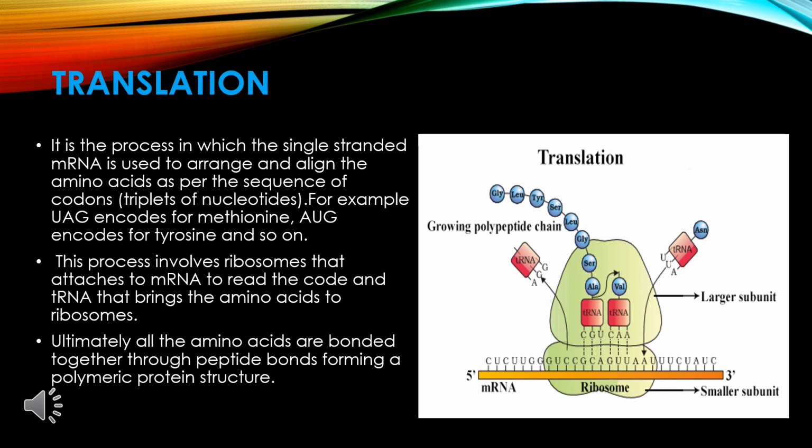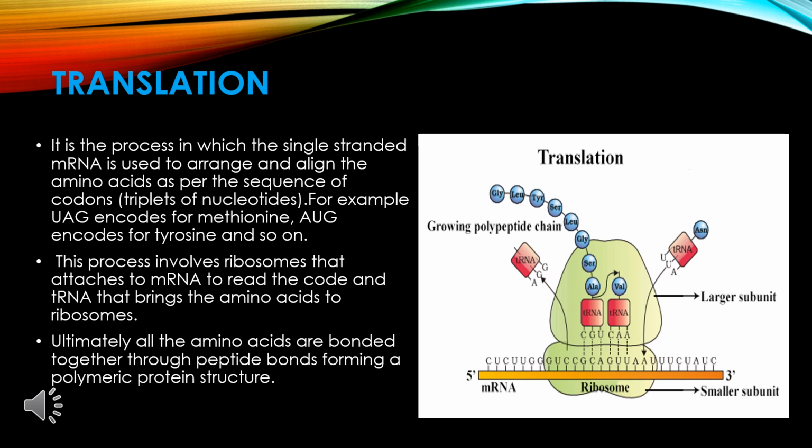We already had glycine from the first codon. Now serine comes. These are the two amino acids. What will happen? The peptide bonding will take place between the two, because we know that proteins are also polymers. Proteins are also polymeric in nature. They are made up of amino acids. Amino acids are joined together through peptide bonds.